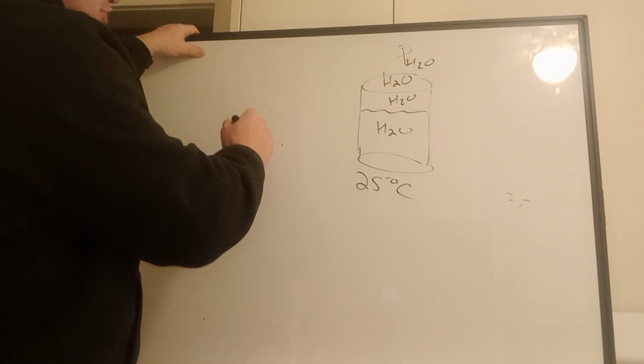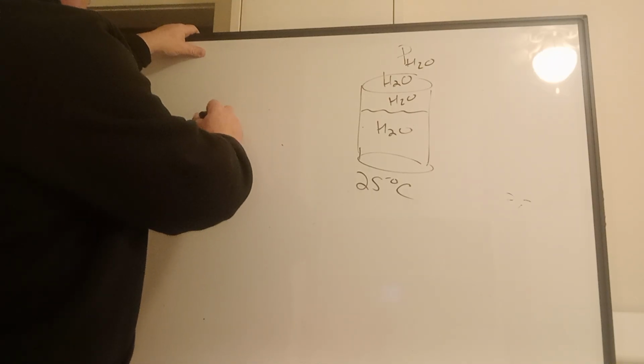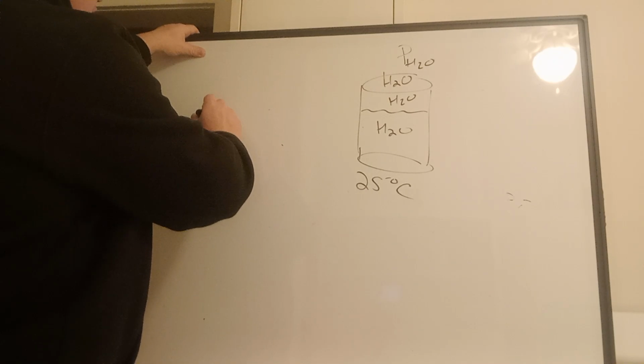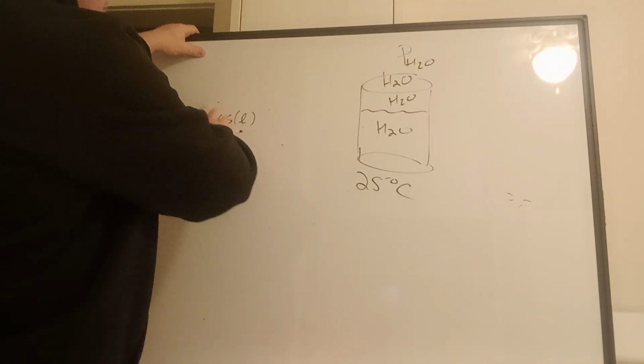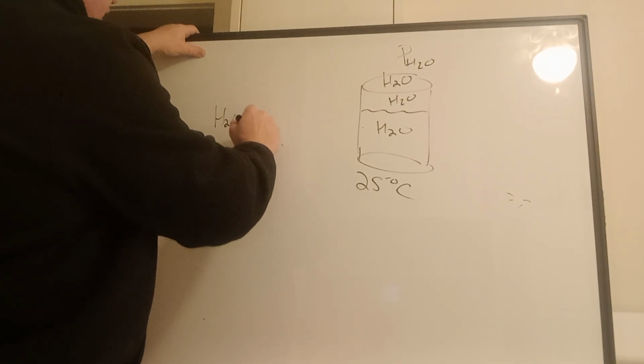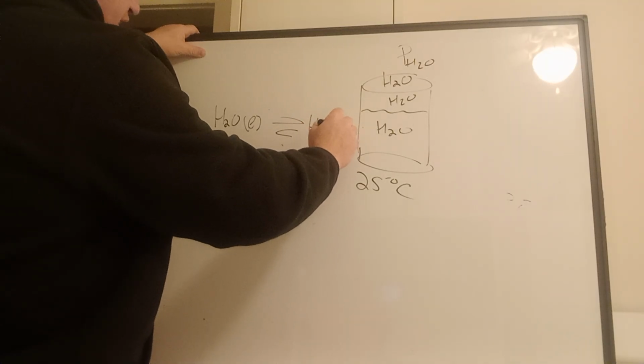Vapor pressure is a particular type of partial pressure. Let's take water. The water in the liquid phase will be in equilibrium with the water in the gas phase.